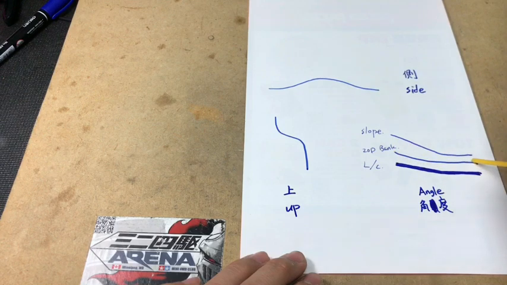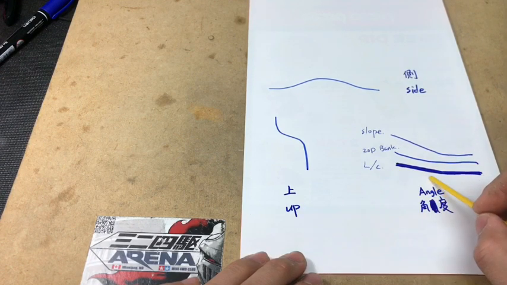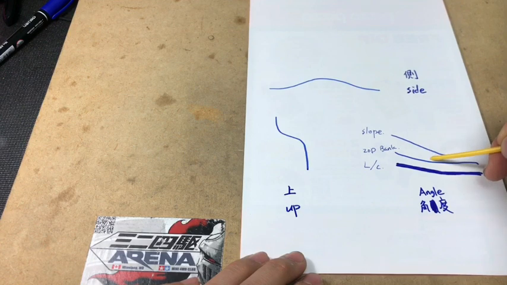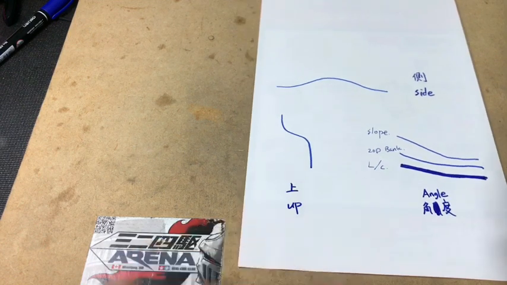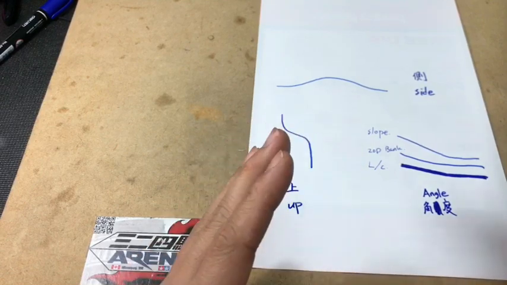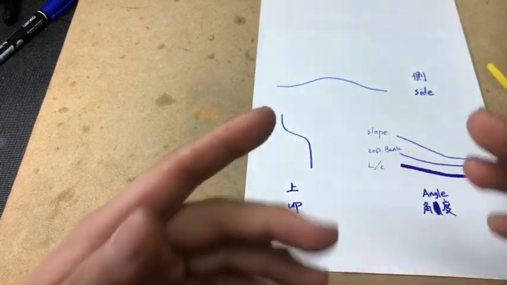The bank is 20 degrees, so the angle open here is way bigger than the slope. And then the lane change is the biggest. So the angle over here is bigger than the 20-degree bank and the slope. Those three things we have to know before we do everything on the setup for the car.